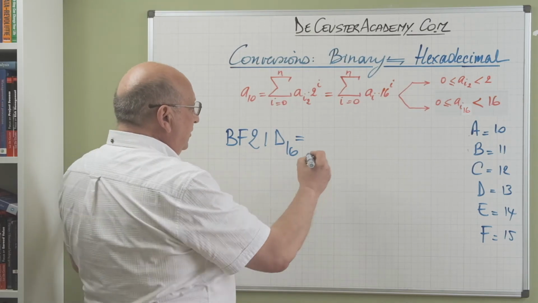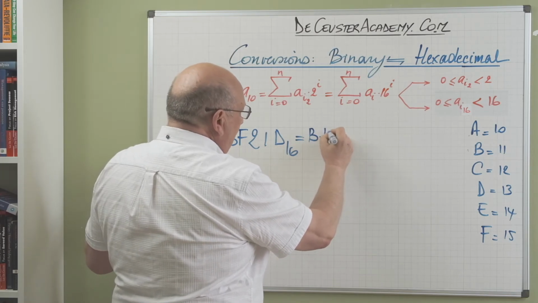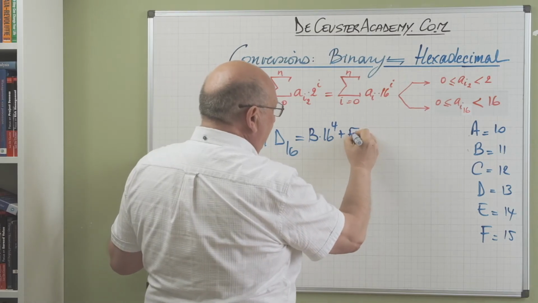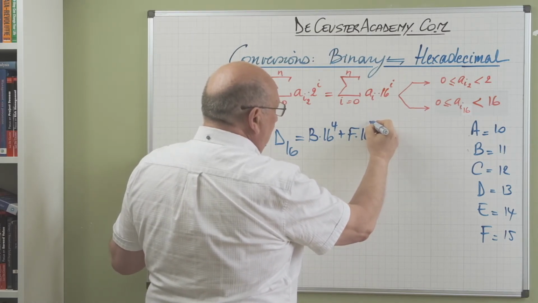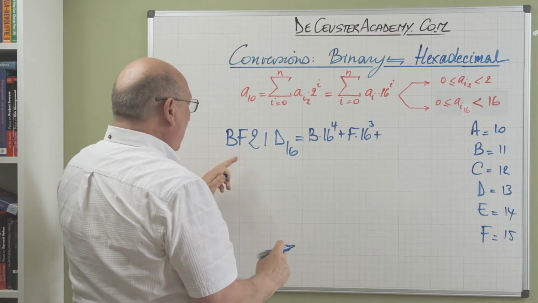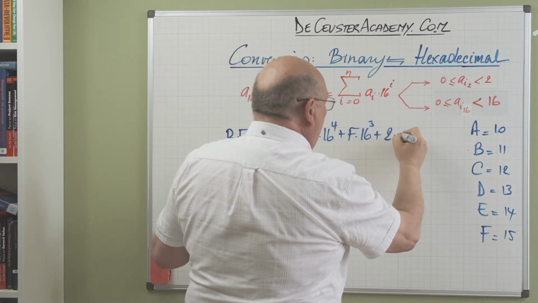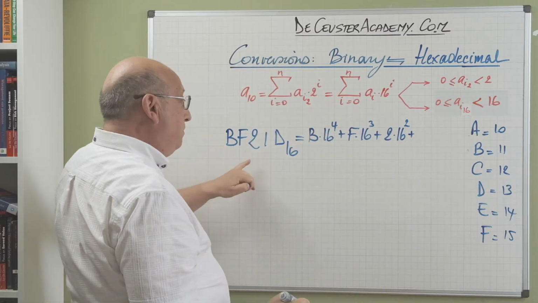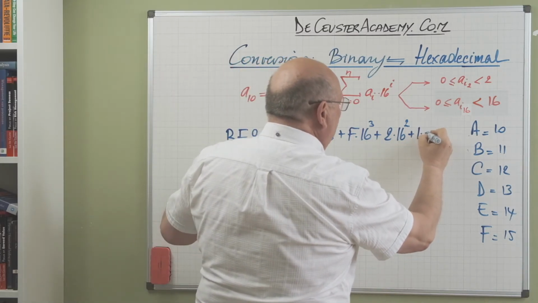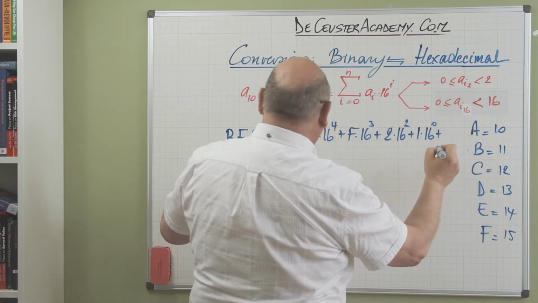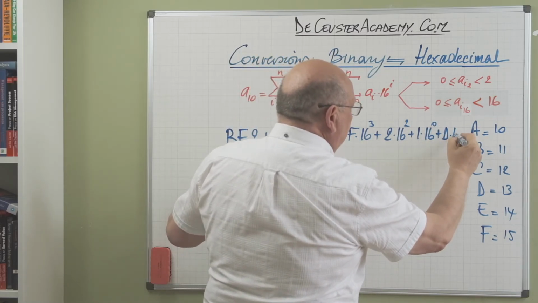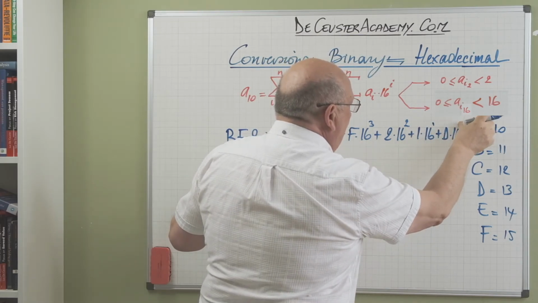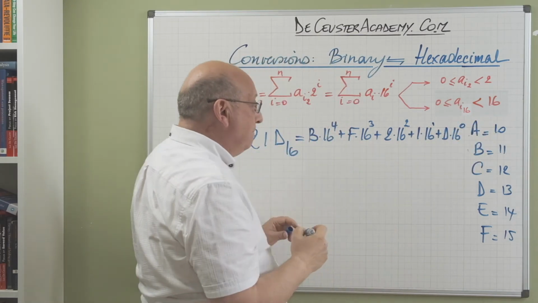So we can write this number as B times 16 to the 4th power plus F times 16 to the 3rd power plus 2 times 16 to the 2nd power plus 1 times 16 to the power 1 plus D times 16 to the power 0.